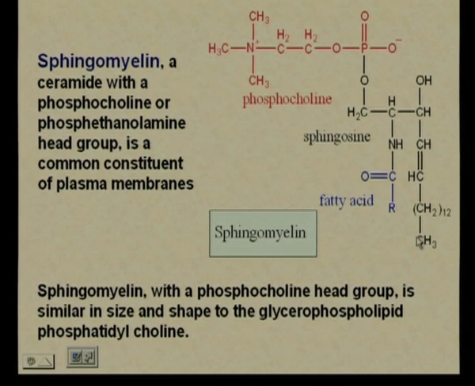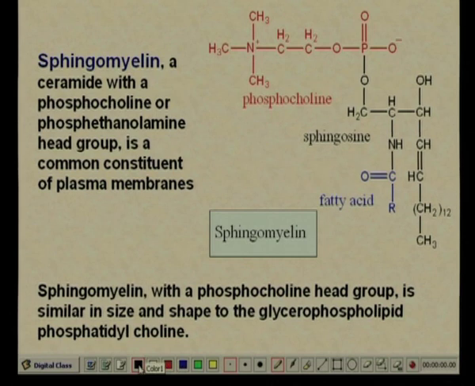This is the long carbon chain that you had. So, this is the sphingosine moiety. This is the fatty acid attached to it to form an amide.